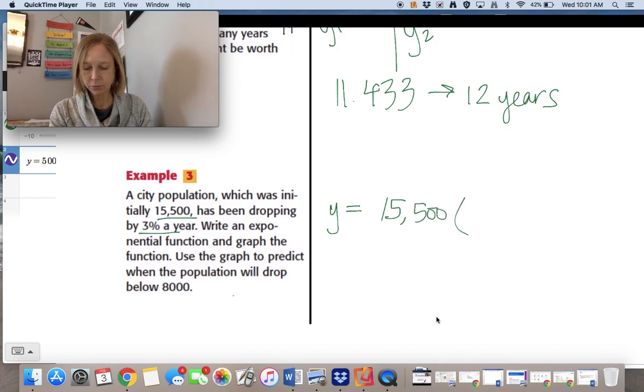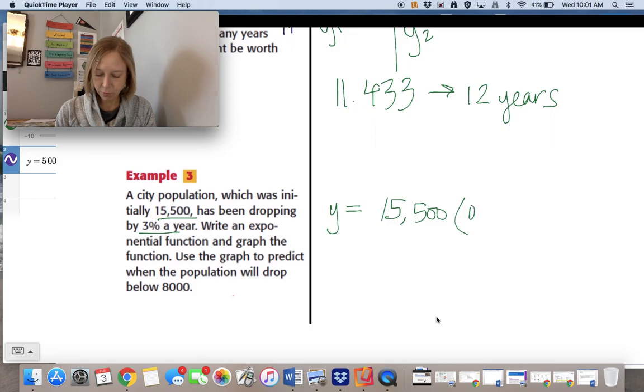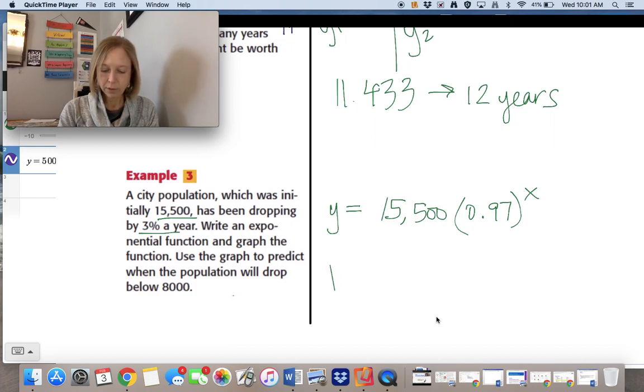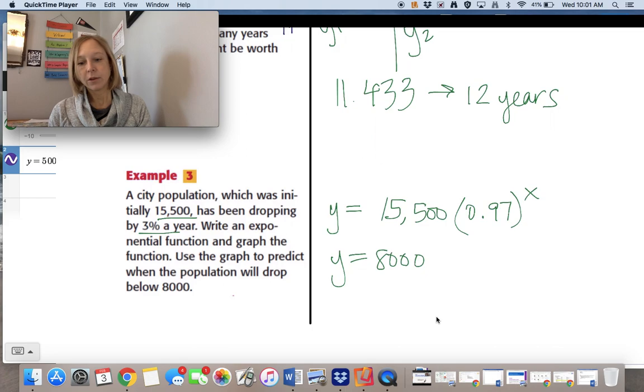I'm going to have to subtract 3%, so I'm going to take 1 minus 0.03 to get 0.97 to the power of x. And I want to know when it's going to drop below 8,000. So what I'm going to be looking for is, where does it cross 8,000? Okay, and then just after that, it'll drop below it.